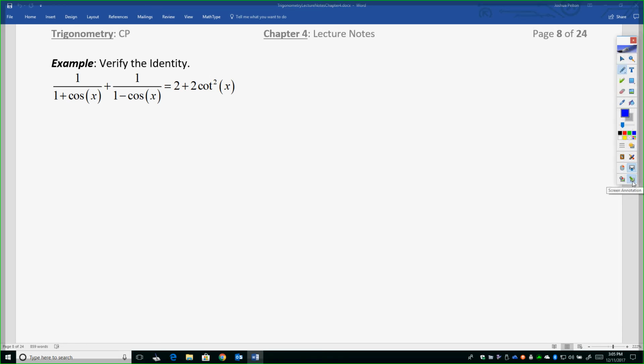Okay, so again, we want to combine things here probably, but what I'm noticing is I don't have common denominators, right? This one is missing a 1 minus cosine, and this one is missing a 1 plus cosine. So I'm going to multiply this one by 1 minus cosine over 1 minus cosine.